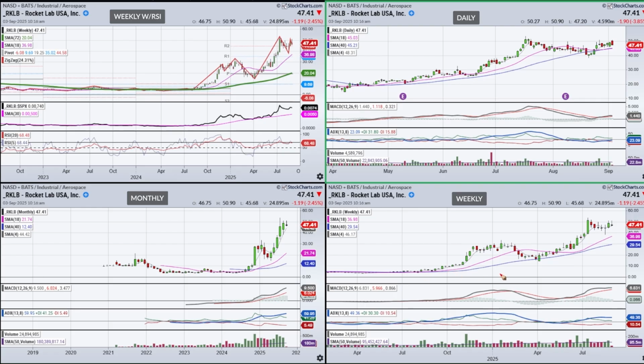I think if we can get through that, then this is in a much stronger position. Just keep in mind, we can only play this as a trade because look at how far this has already run on the monthly. We're up 1, 2, 3, 4, 5, 6 months in a row, something like that. So if we're going to play this, we've got to be a little bit more nimble, play it for a move from 50 to 60 or something like that. Use the average true range for those types of targets, but that's kind of how I'd handle this one.